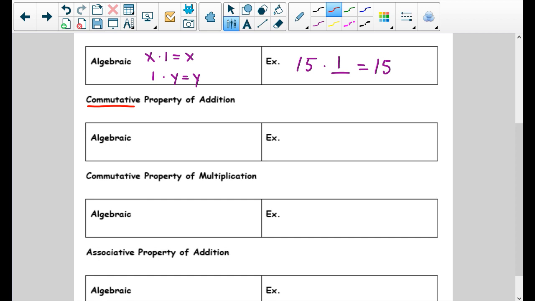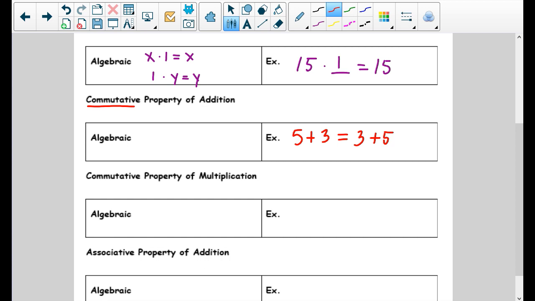So all we're doing is changing location, right? Does that make sense? So if I'm adding, it is commutative. So if I have 5 plus 3, well that's going to be equal to what? If I move locations, it can be 3 plus 5. Those are the same. Order doesn't matter. Basically that's what it's saying. Order doesn't matter if I'm adding.